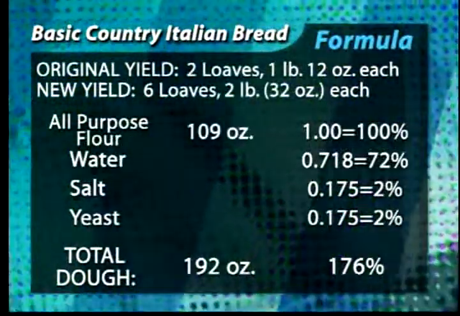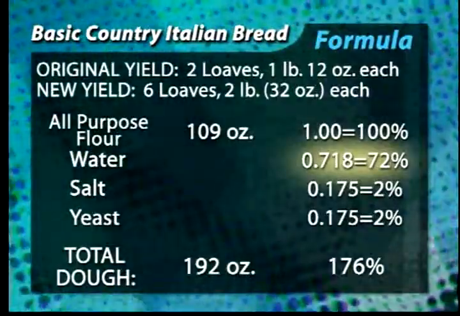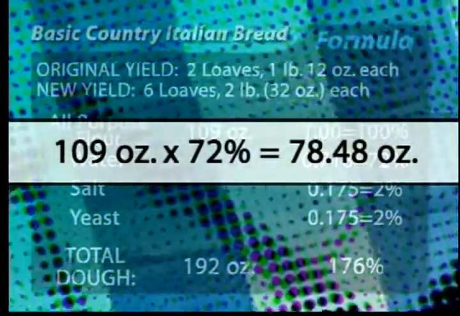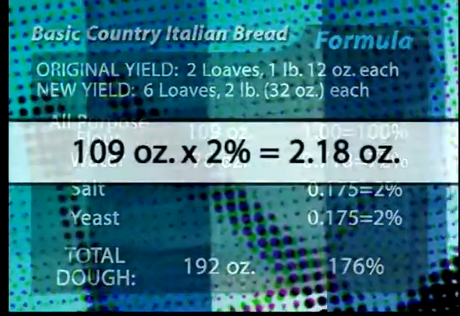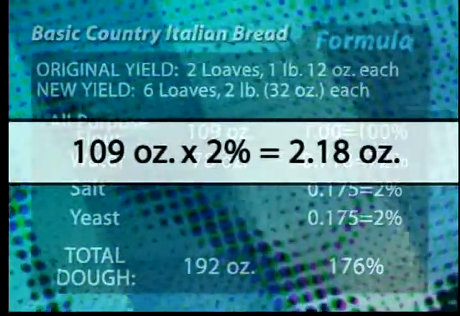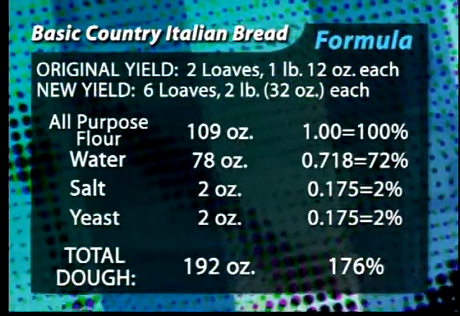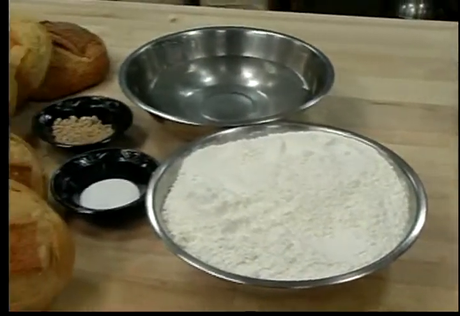Simply multiply the total flour, 109 ounces, by the baker's percentage of the other ingredients. 109 times 72% equals 78.48 ounces, rounded to 78 ounces of water. 109 times 2% equals 2.18 ounces of salt and yeast, rounded to 2 ounces each. There, you've scaled this formula up to yield 6 2-pound loaves of bread.